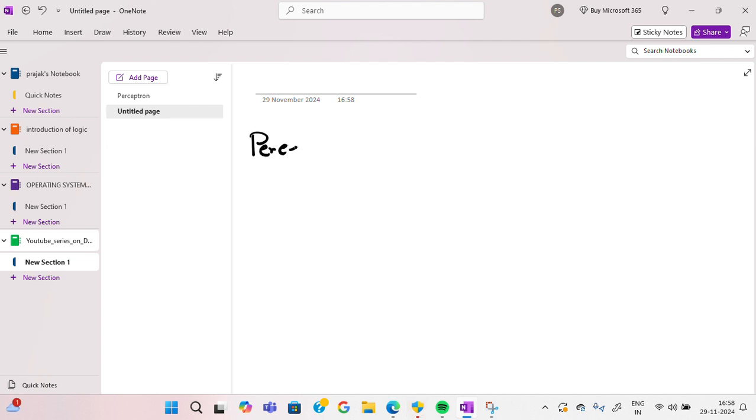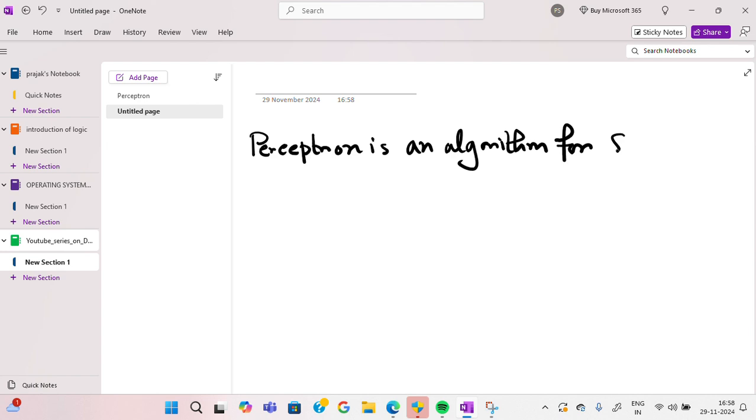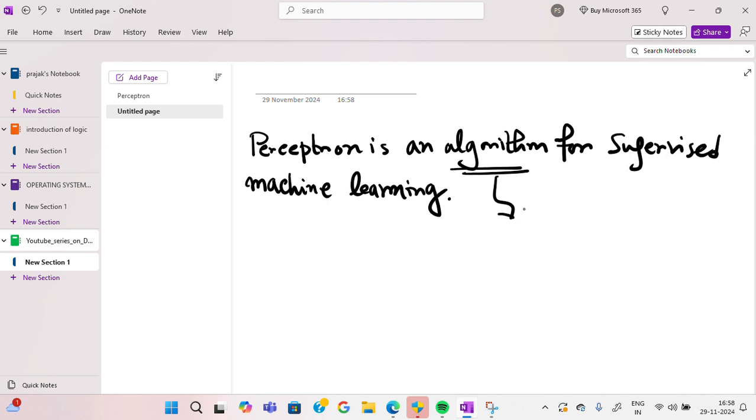Perceptron is an algorithm for supervised machine learning. Actually, it's an algorithm, better to say a mathematical model.